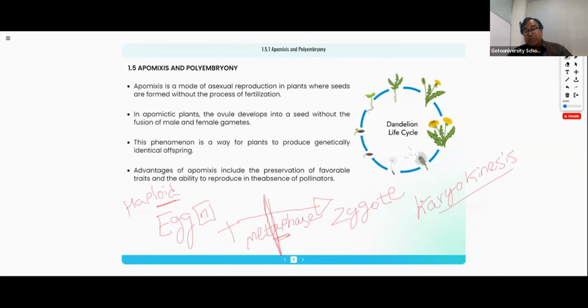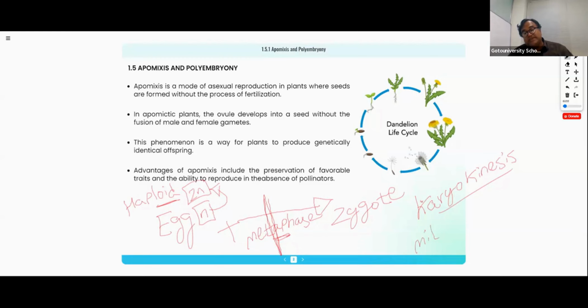This haploid egg will become a diploid egg, because of the arrested metaphase. Where exactly is that metaphase arrested? In the karyokinesis of the mitosis process.